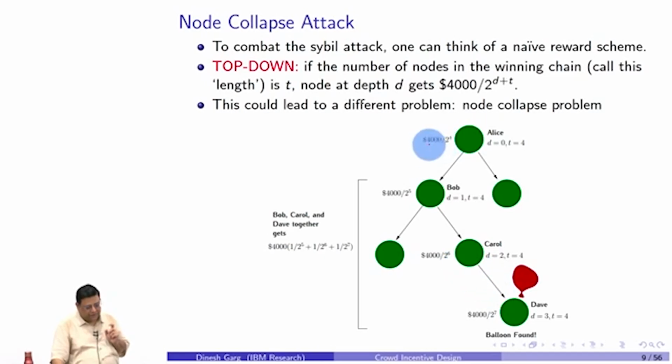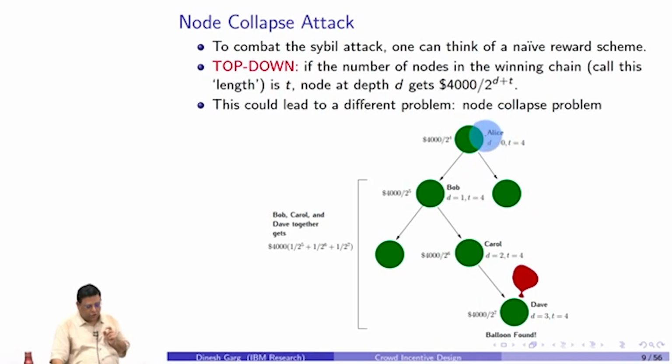Let's say, for example, the total reward money is $4,000 and we divide it in this manner. D is the depth of the node. So here D is 0, D is 1, D is 2, D is 3. This is called the depth of the tree, and T is the total length of the winning chain.